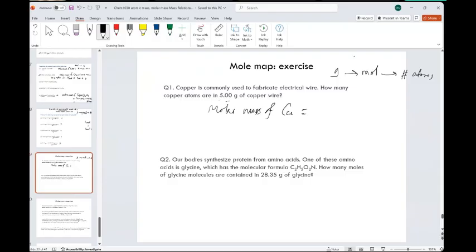So gram over mole. 63.54 gram per mole. So what we do now, we need to find the number of mole of copper atom.